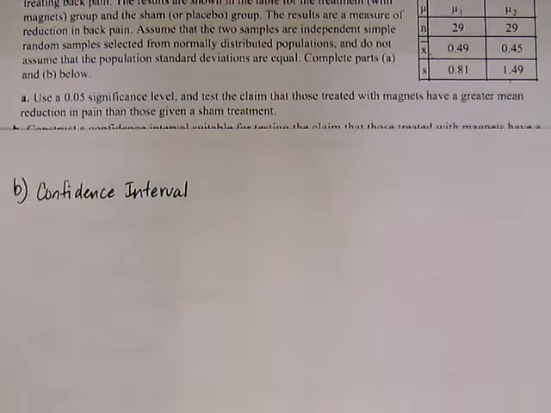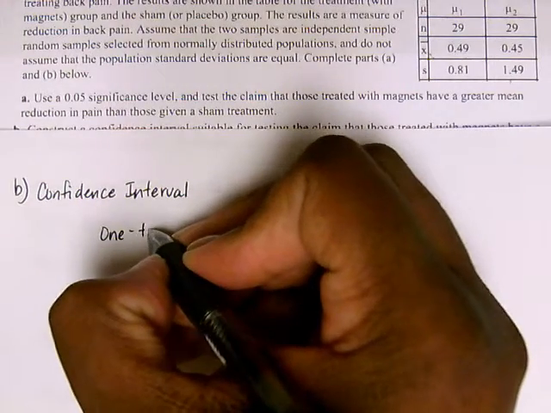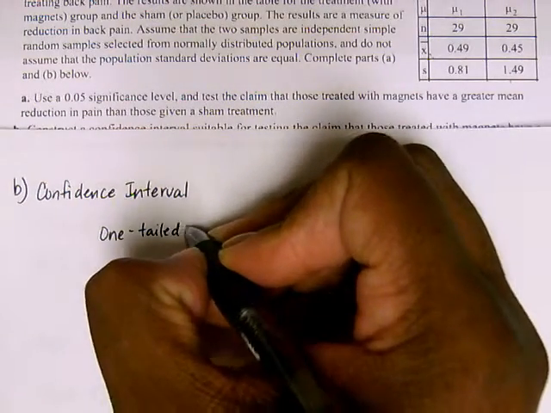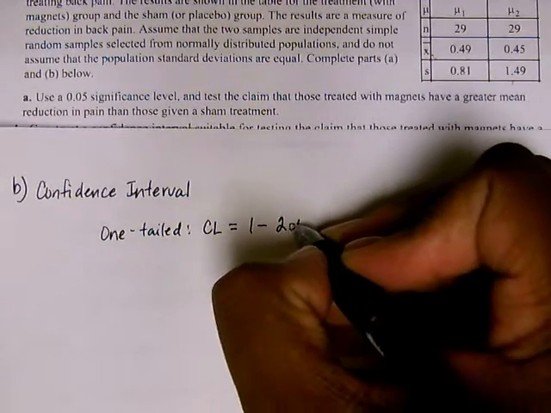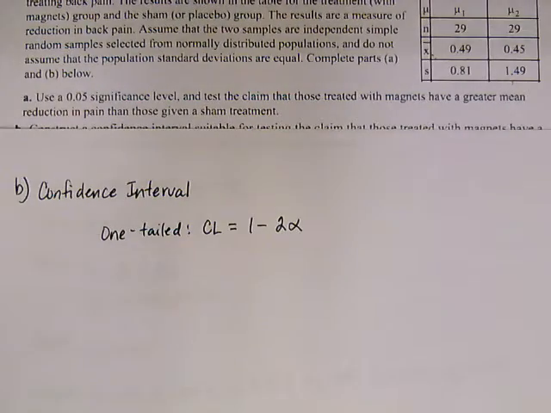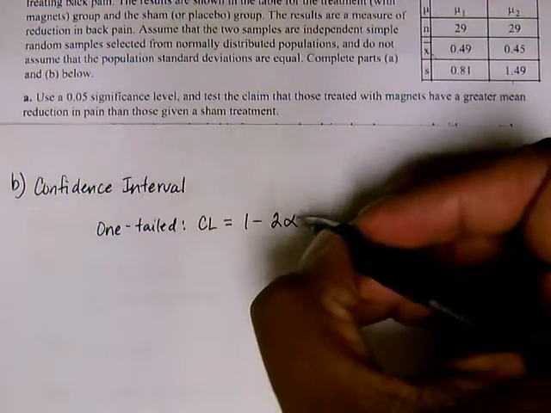Okay, so in this case here, left tail or right tail is a one-tail test, so that means the confidence level is 1 minus 2 times the alpha level. Okay, the last example we had a two-tail test, so it was 1 minus the alpha level. But now it's a one-tail test, so we got to do 1 minus 2 times its alpha level.